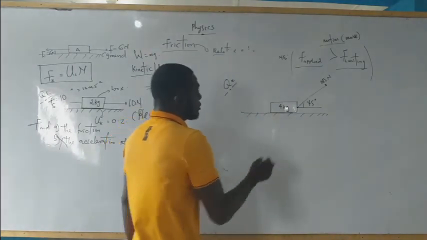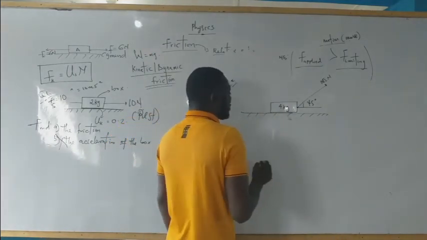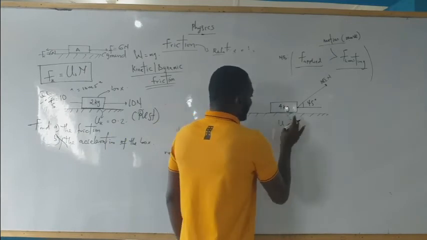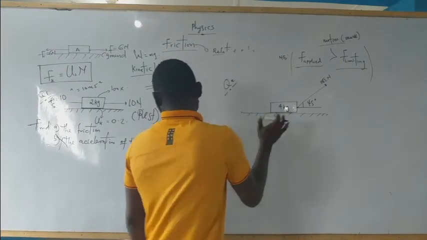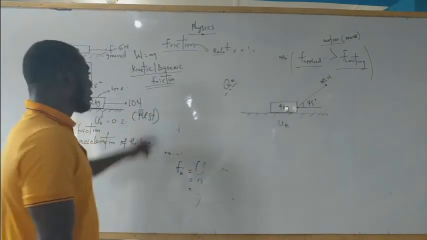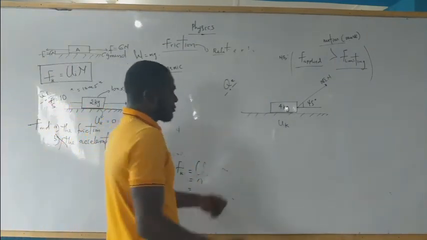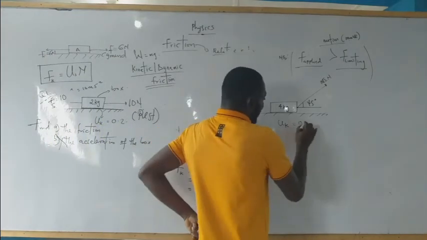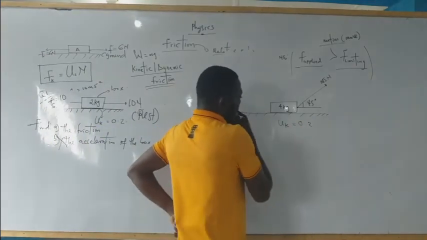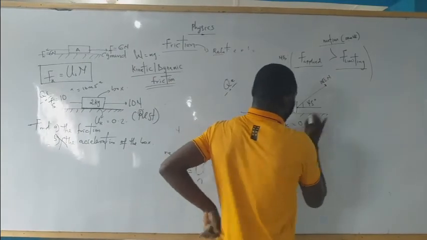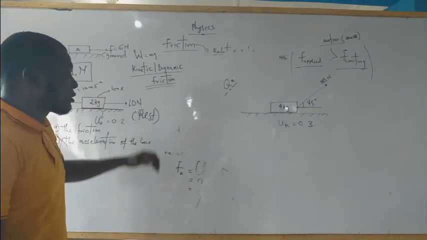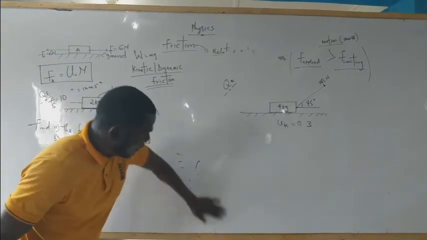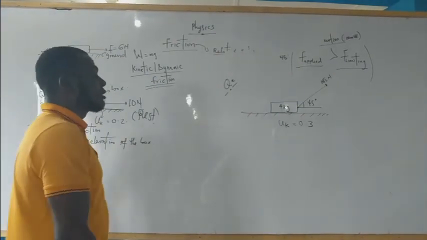Let's take μk, the coefficient of kinetic friction, to be 0.2. No, let's take it to be 0.3. That's no unit. Take note. That's no unit. Okay?